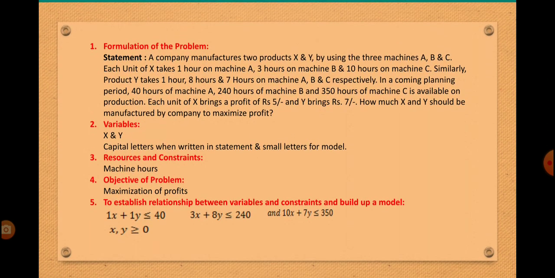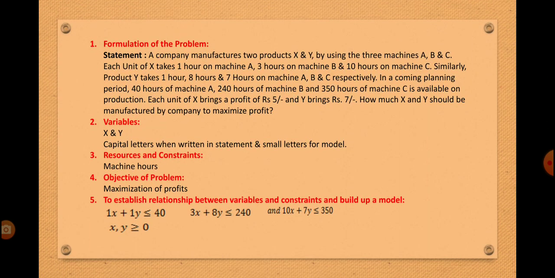Our first phase is formulation of the problem. The research analyst or the team of experts first has to examine the situation and clearly define what exactly is happening there, and identify the variables and constraints. Similarly, identify the objective and put them all in the form of a statement.